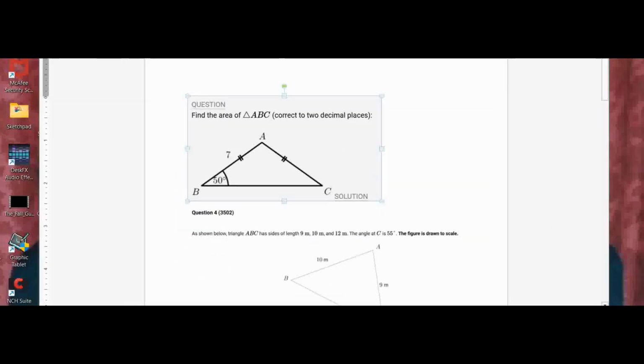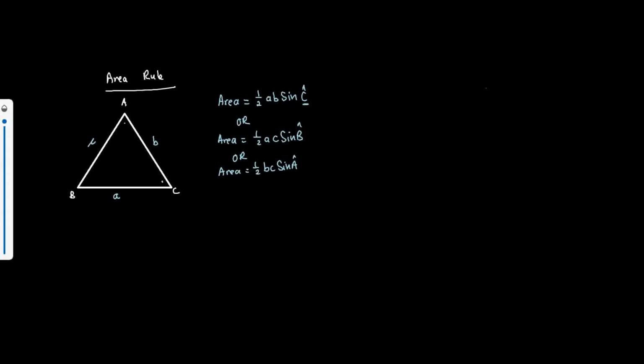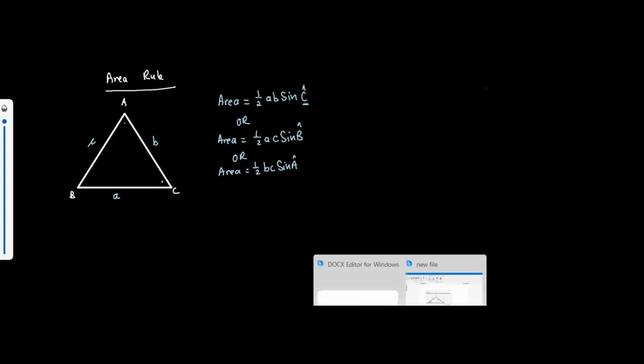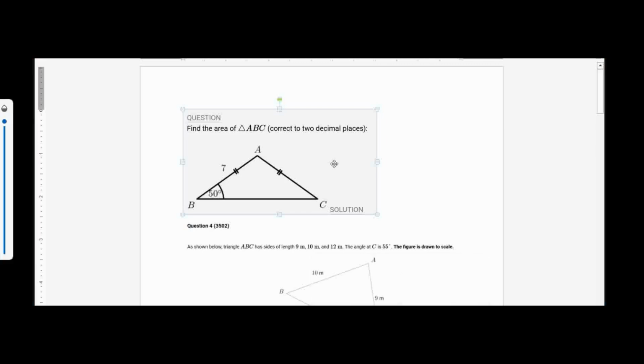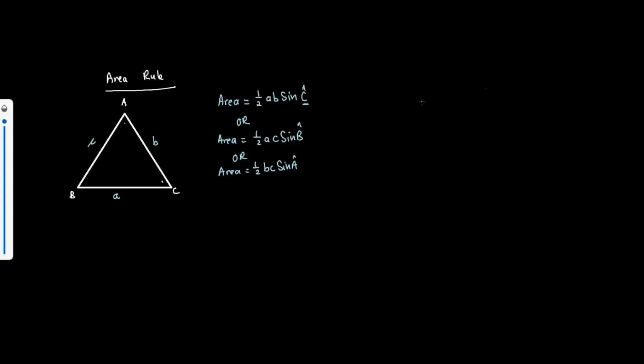Okay, let's see. Okay, this is not working. Right, okay. Okay, let's do it the old-fashioned way. Copy and the paste button is not there.